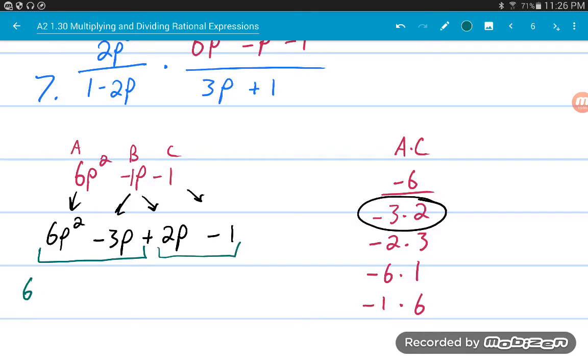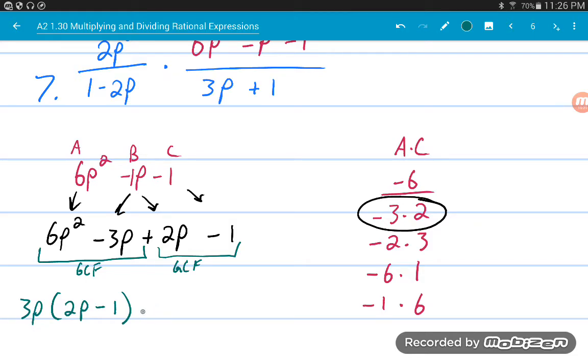So I'm going to get a GCF here. Remember that you want a GCF from each of these brackets. I'm going to factor out a 3p, leaving me with 2p minus 1. And on the right hand side, there's nothing to factor out.